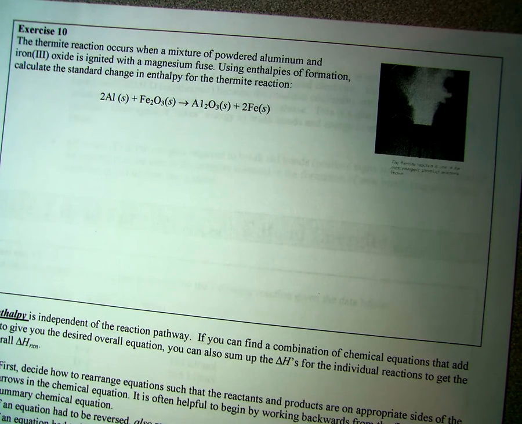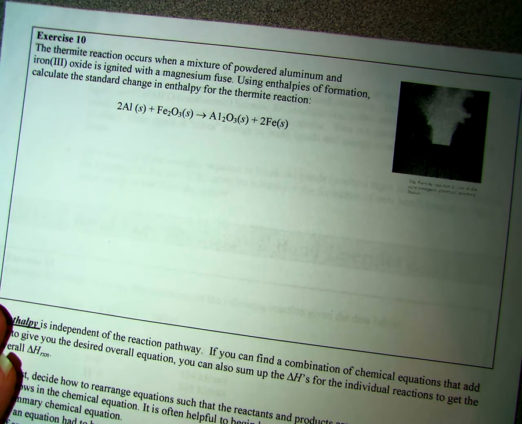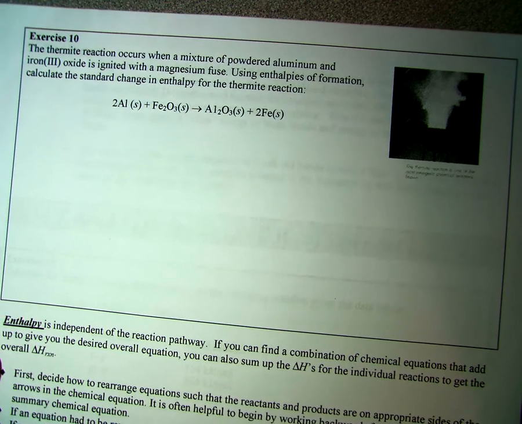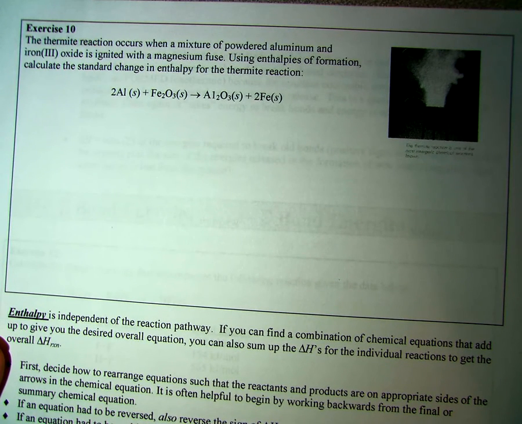Exercise 10. You're dealing with a reaction that happens when you mix powdered aluminum and iron together and ignite it. So this is a combustion reaction. Said using enthalpies of formation, calculate the standard change in enthalpy for the thermite reaction. So you actually have to look in the back of the book at the table for the formation.